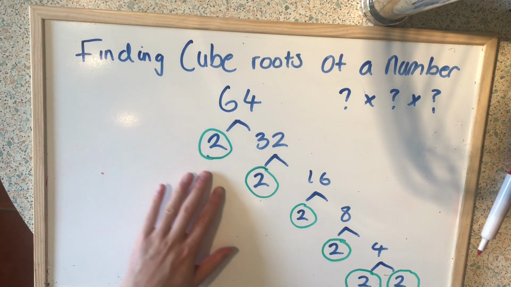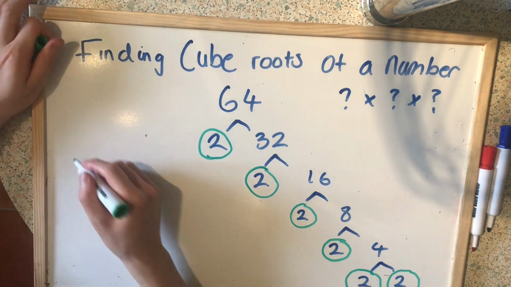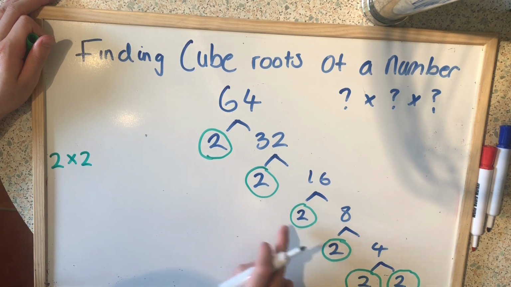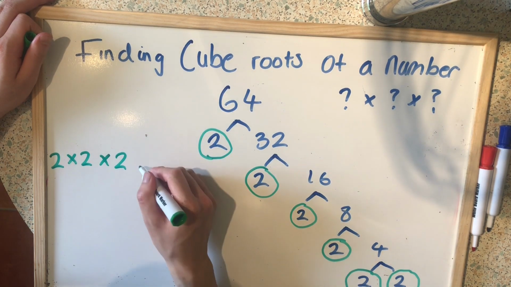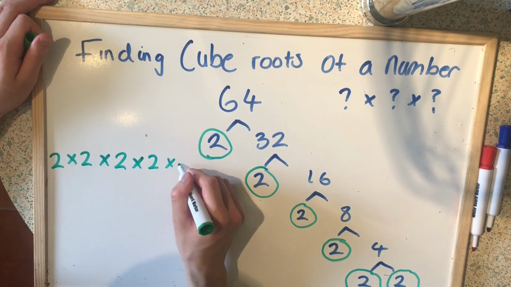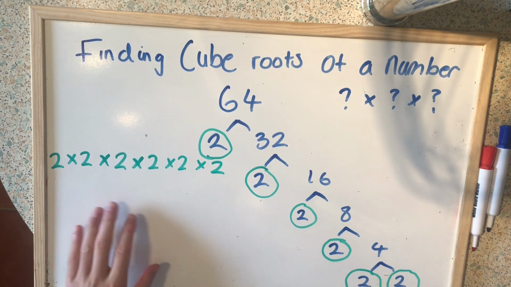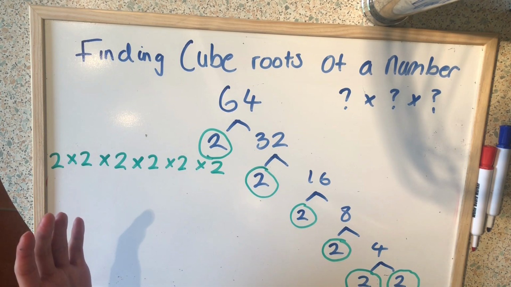Then again we write the numbers out in full. So we are going to have a long one, got 2 times 2 times 2 times 2 times 2 times 2, so that's 3 more, times 2. So this time, instead of pairing the numbers, last time we paired the numbers because we had square roots, a number times by a number.